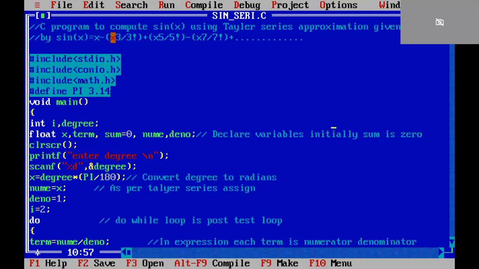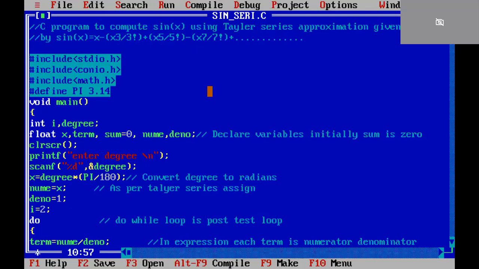And in the denominator you can observe that in the first term we have 1 factorial, then 3 factorial, next 5 factorial, next 7 factorial. So one thing you can observe here in the denominator is that the number is also incremented by 2, and here the factorial also we need to compute.